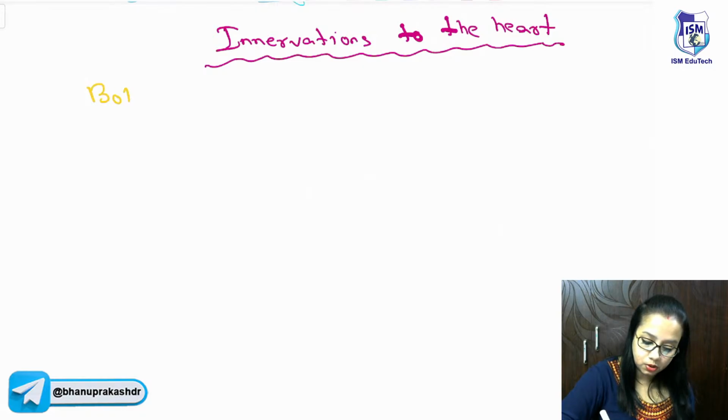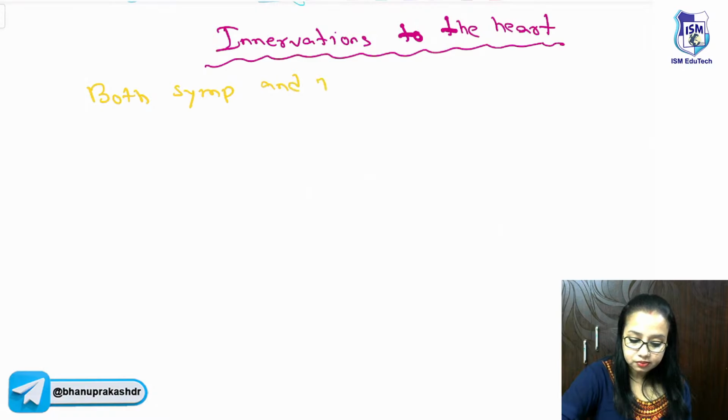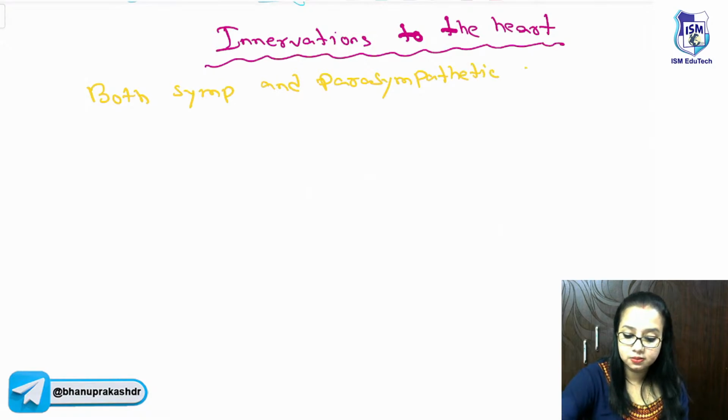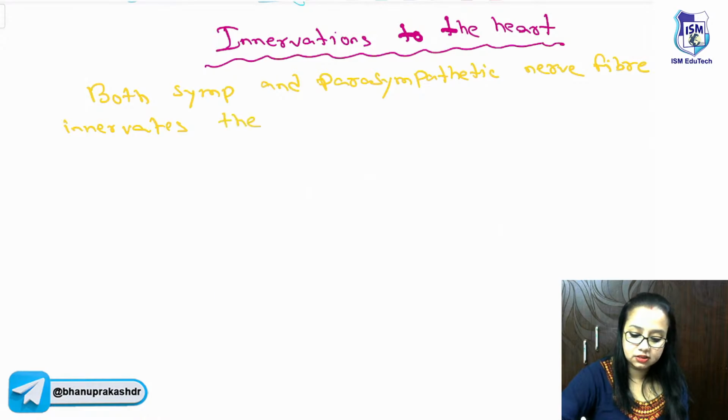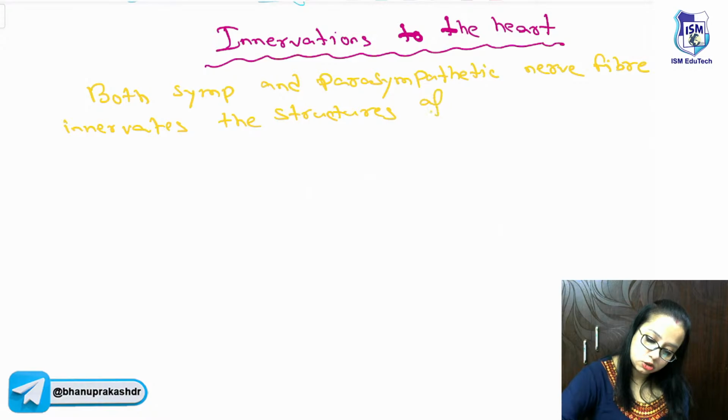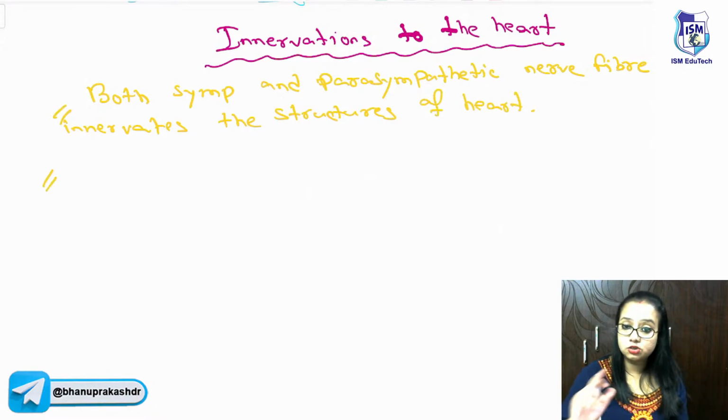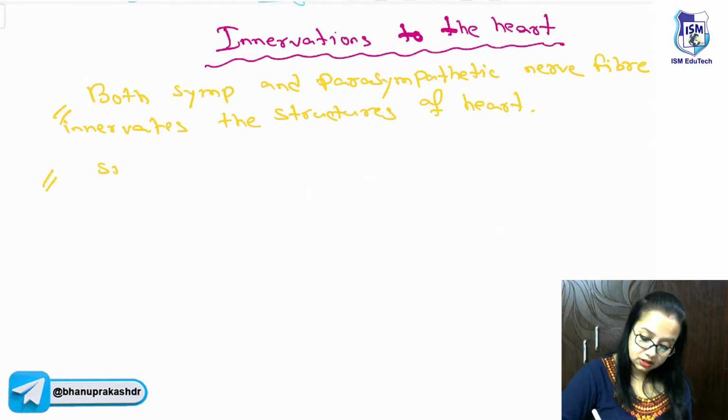So both sympathetic and parasympathetic nerve fibers innervate the structures of the heart.